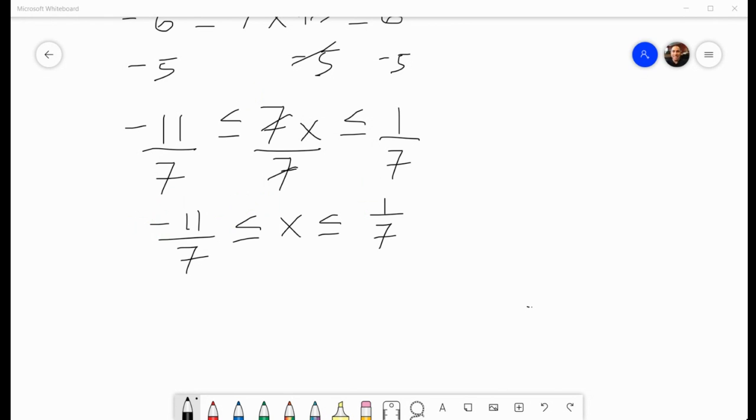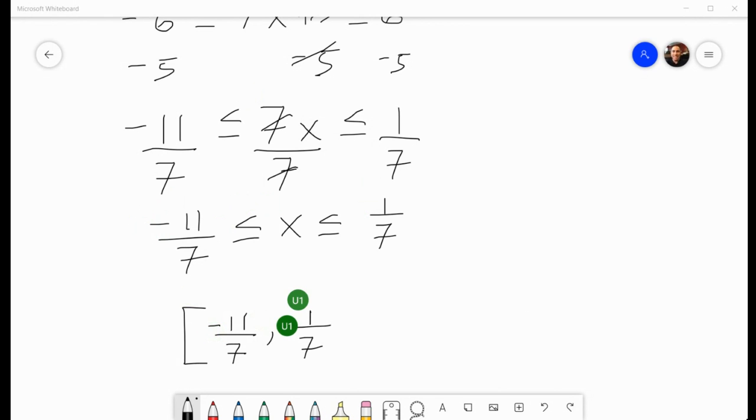Now, how do we solve? Okay, so now what do we do? Well, now what we do is notice our solution set becomes an interval. Namely, we have minus 11 over 7, comma, 1 over 7.